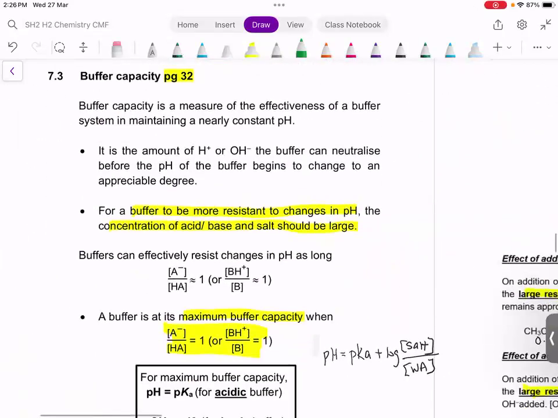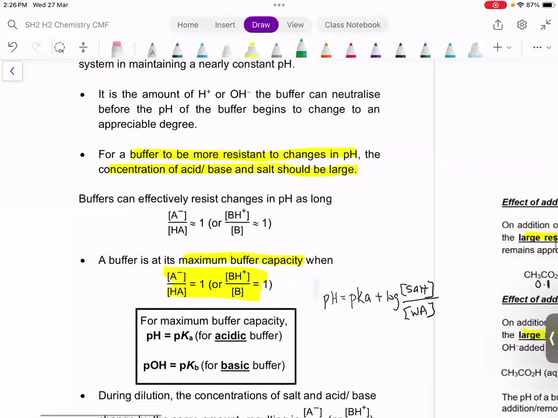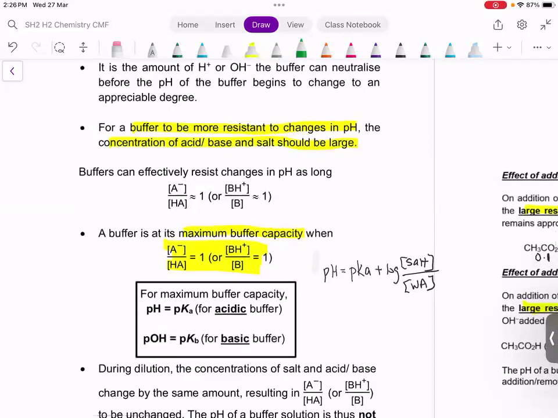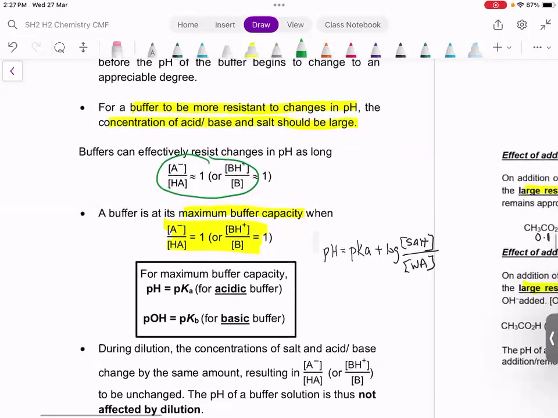All right, so buffer capacity. In order for a buffer to be more resistant to changes in pH, the concentration of the acid base, the weak acid and weak base, and the salt must be large. Okay? So we have this criteria. Then the buffer will be operating at the maximum buffer capacity when they are exactly equal to 1.